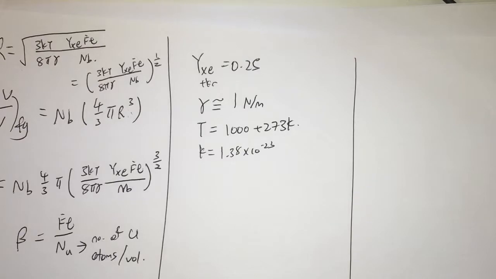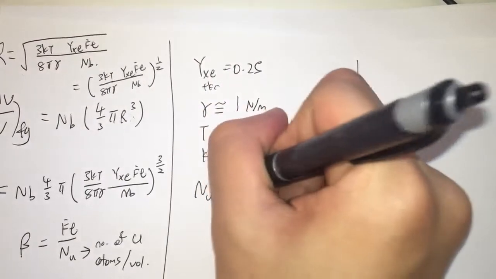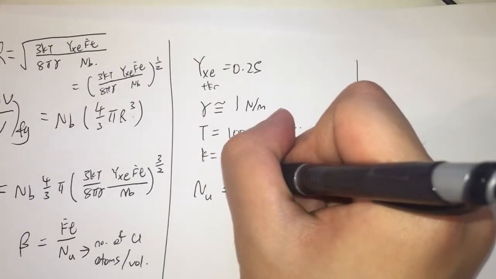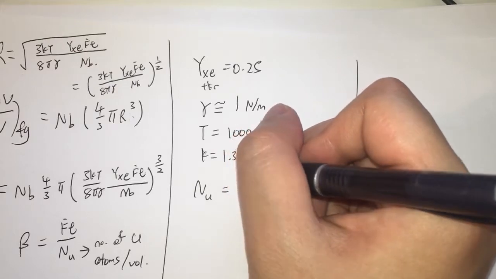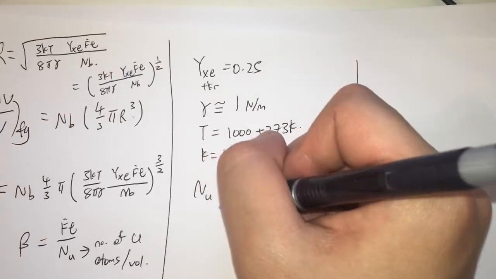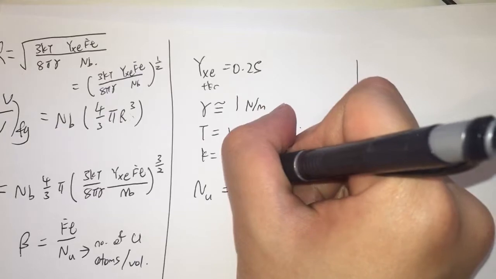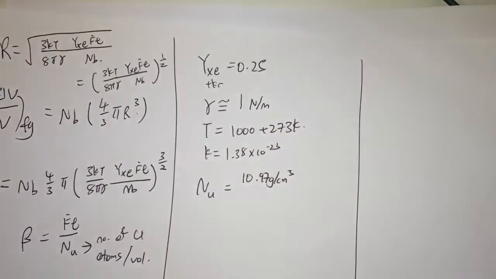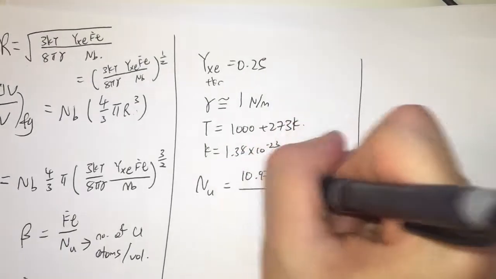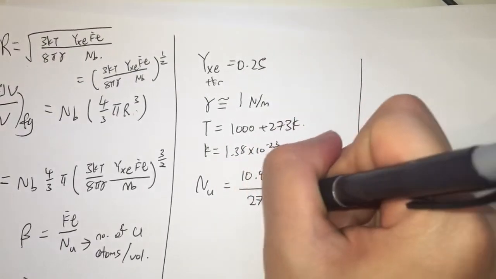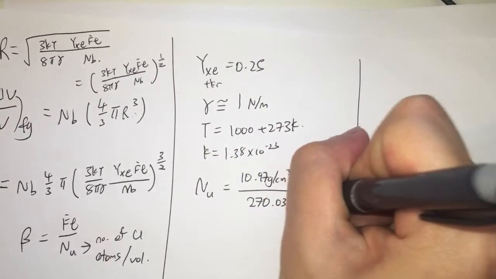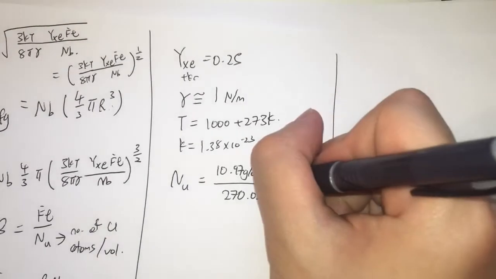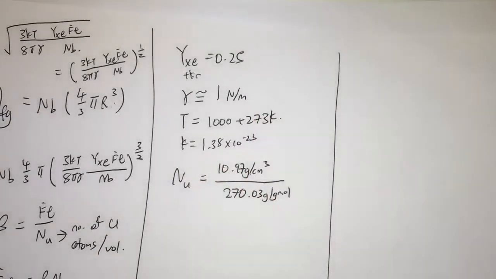And for the number of uranium atoms per cm cubed, we can take the density, 10.97 grams per cm cubed, from Wikipedia or wherever you can find, over the molar mass, about 238 plus 16 plus 16.